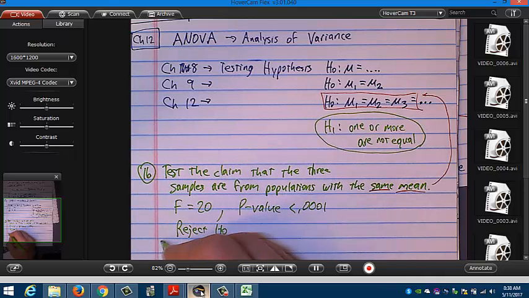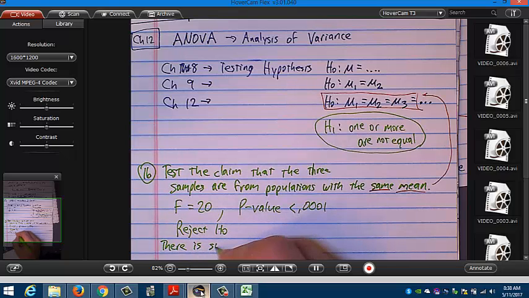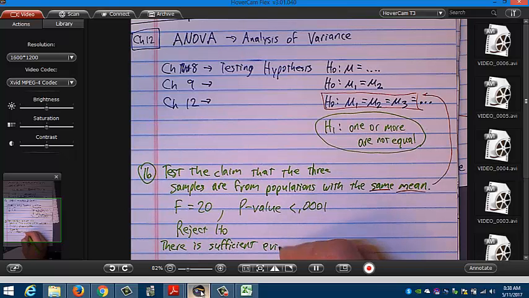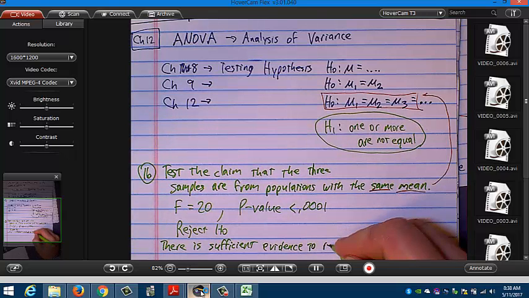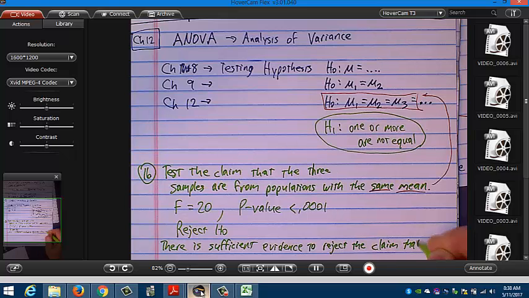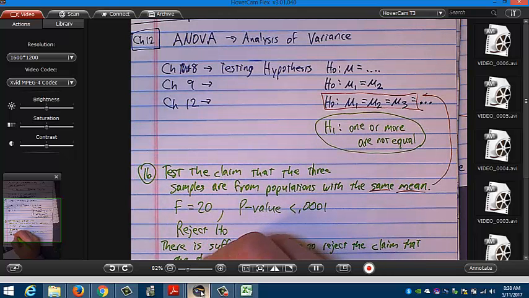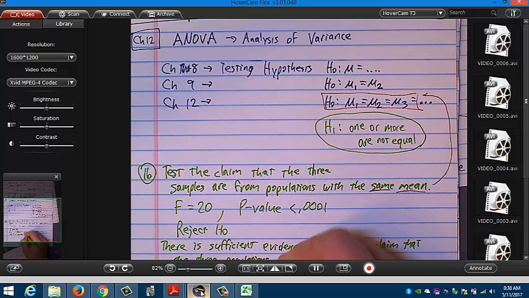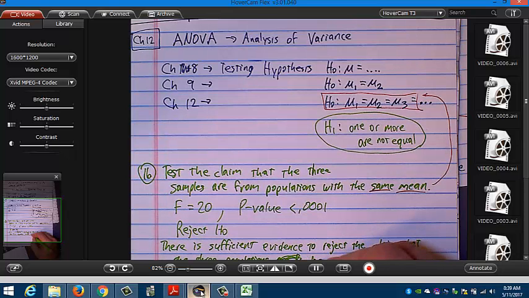And so I say, there is sufficient evidence to reject the claim that the three populations have the same mean, or do not have the same mean.